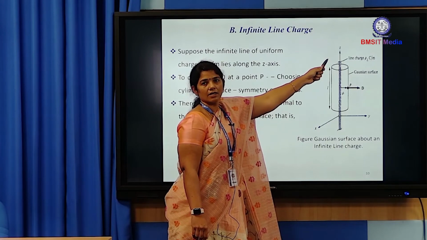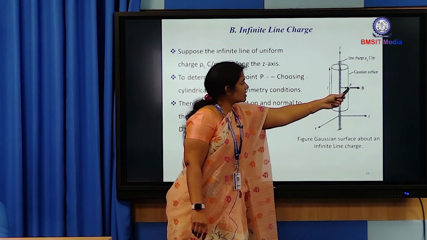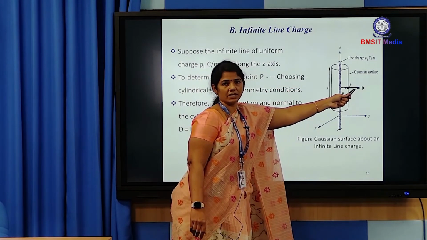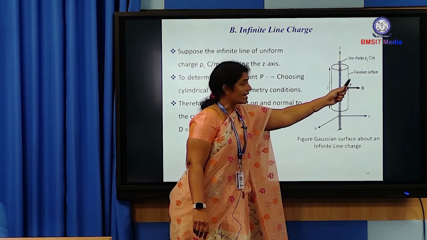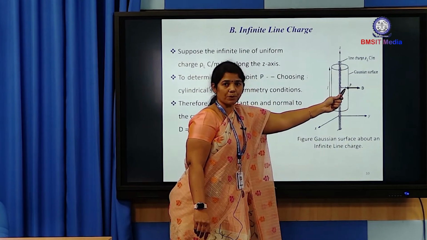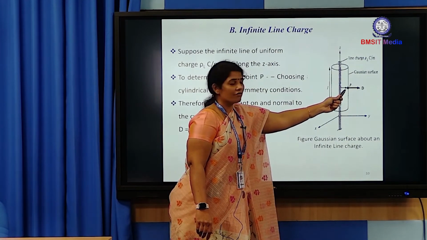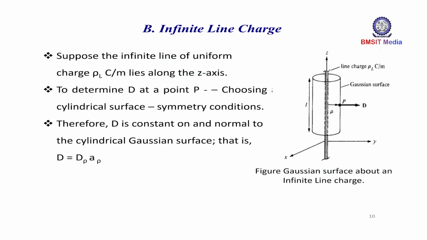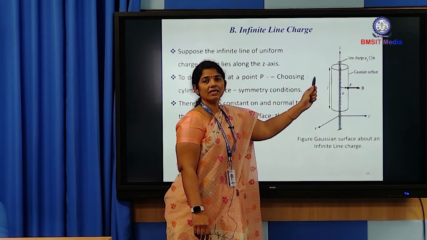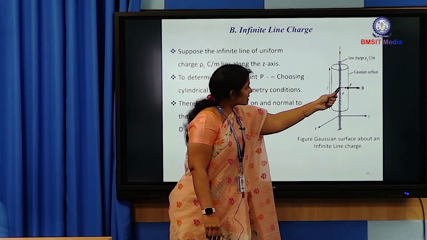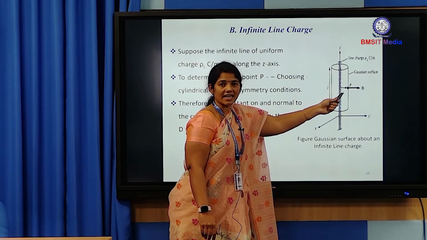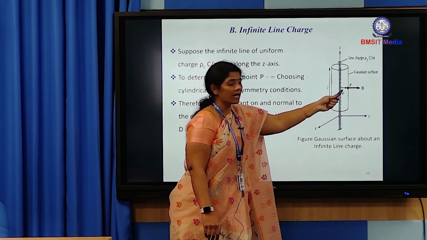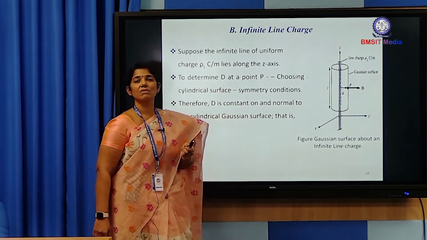So you have to determine D at a point P, which we have chosen on the surface of the cylinder, and at the same time we are assuming that choosing a cylindrical surface for the point P maintains the symmetry condition.